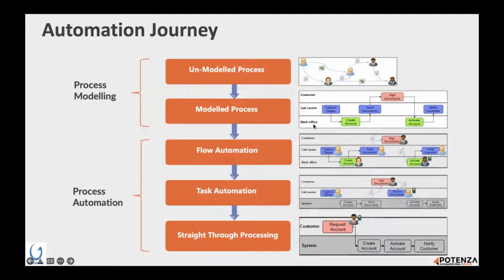So stakeholders, tasks, sequence defined. So we are modeling a process here, right? So the output is modeled process, but this model process you can keep it as a manual process, or you can automate. So you go to the next step of further improvement of your automation journey.